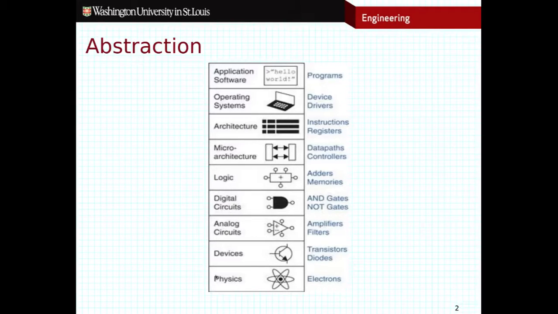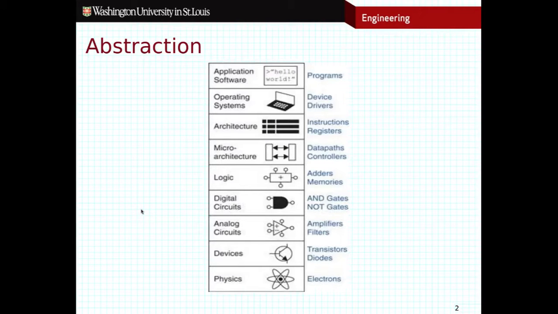So we're going to cover them relatively quickly so that we can stay at these higher levels of abstraction up here and not have to worry about the actual devices, the actual physics behind the devices that we're talking about in the course. So for this particular video, we're going to start down here at the very bottom with physics, right? So the stuff that we're going to talk about is directly related to electrons, right?